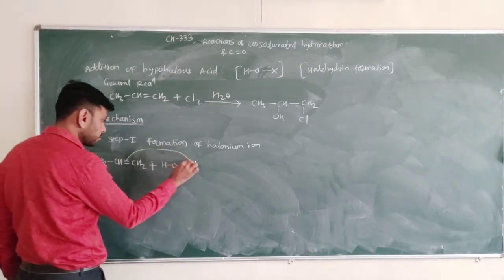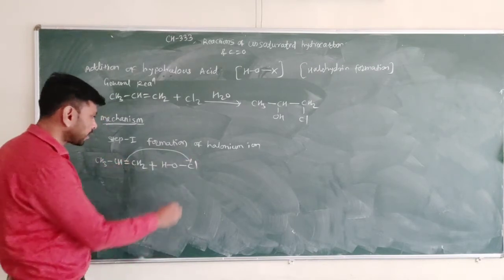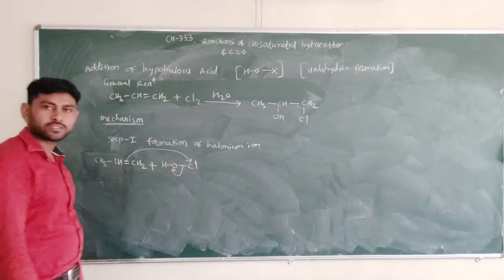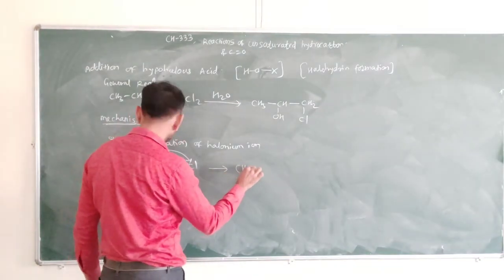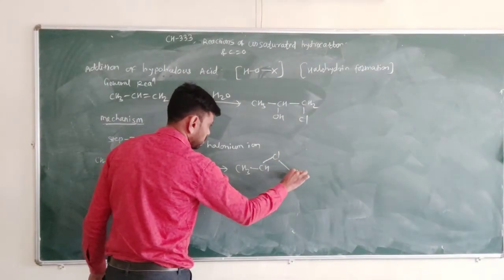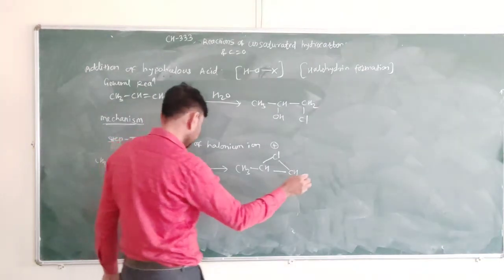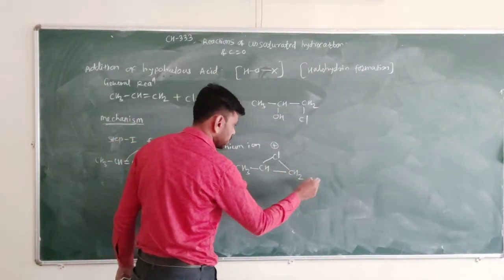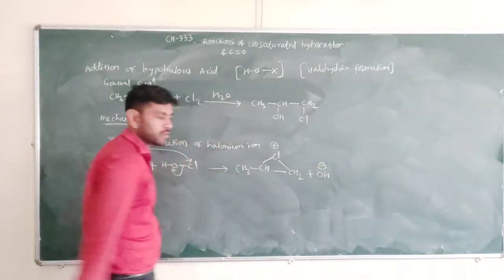Now this electron-rich carbon double bond attacks this Cl positive part, and we get OH minus as a nucleophile. The halogen attaches in this way, forming the halonium ion, and here OH minus is generated, the nucleophile.